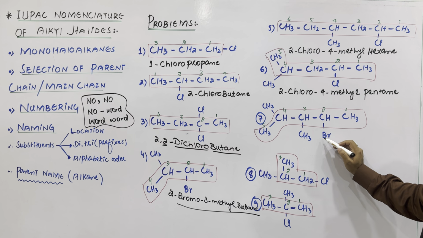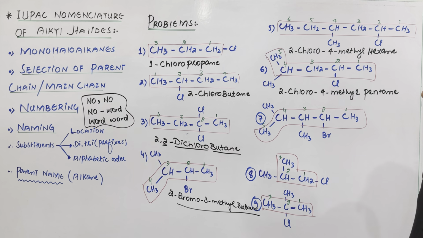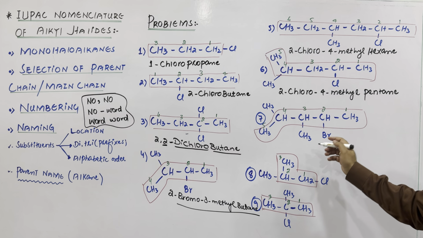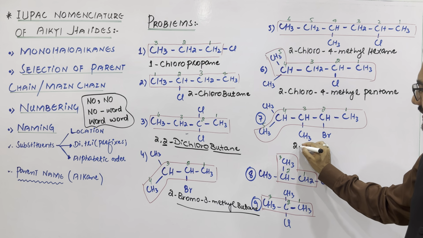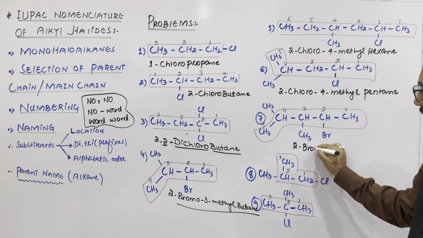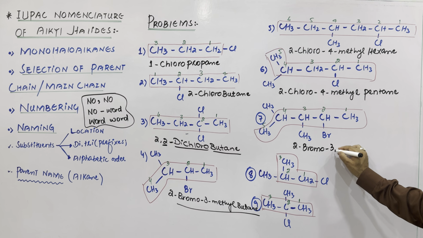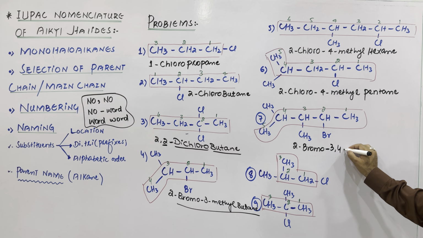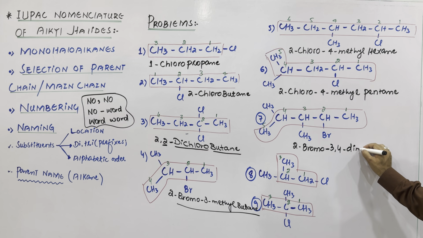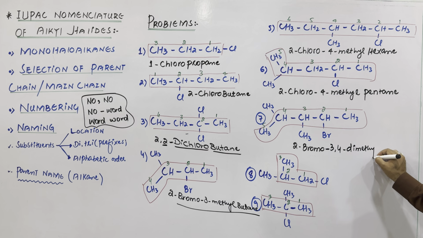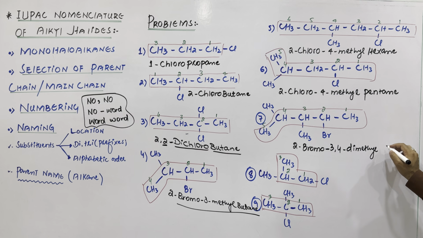Now there is bromo on the second carbon and the third and fourth carbons have a methyl group, so bromo should be named first alphabetically. It will be 2-bromo-3,4-dimethyl, and the parent chain has 5 carbon atoms, so that should be pentane.